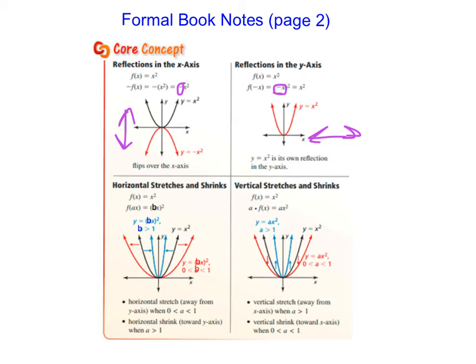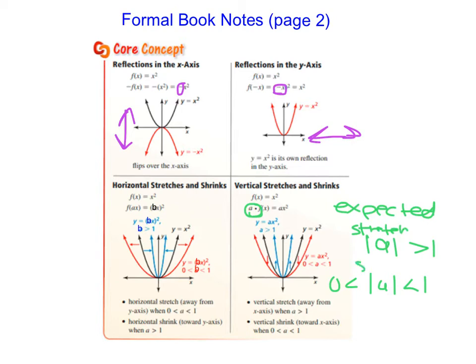In addition, our vertical stretches and shrinks work just as expected on the outside. Here we multiplied the outside by our a value, and that vertically stretched our graph if the absolute value of a was more than 1, and it vertically shrunk our graph if the absolute value of a was less than 1 and greater than 0. So here is our stretch, and here is our shrink.